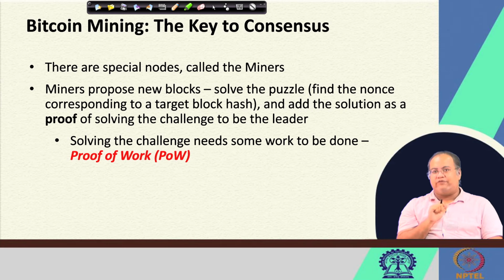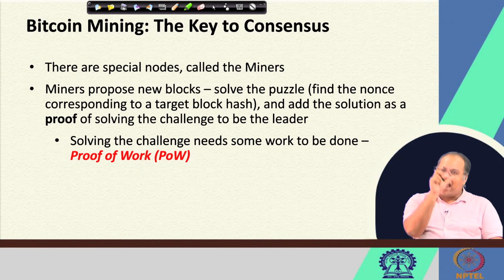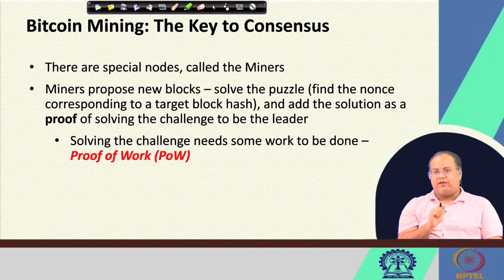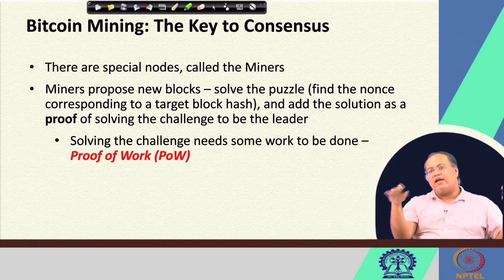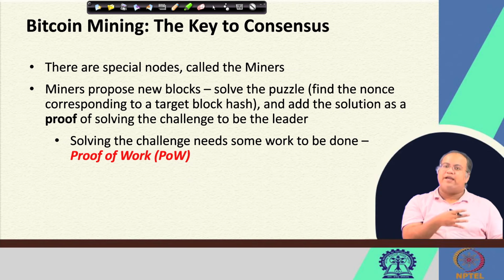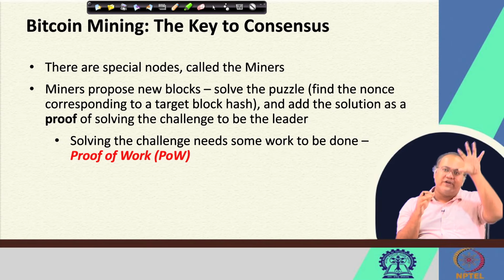Here comes the interesting fact. If I am able to solve the puzzle, I have the proof. The solution works like a proof. So, I can add that proof to the block, saying that this is the proof that I was able to solve the puzzle. Now, others in the network, the other miners and normal participants, everyone can see that proof in the block.